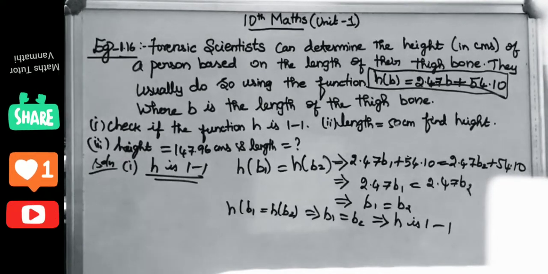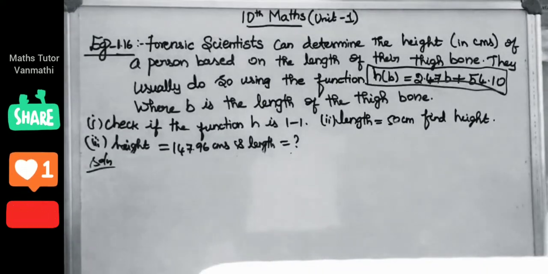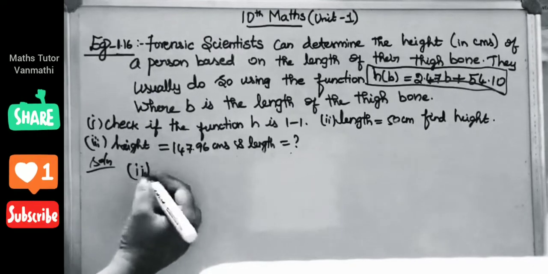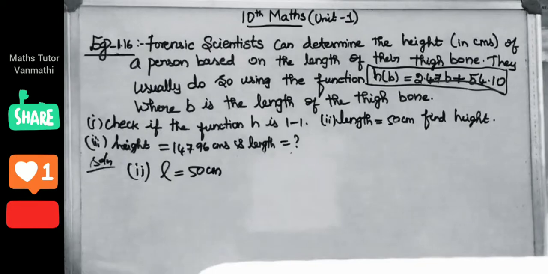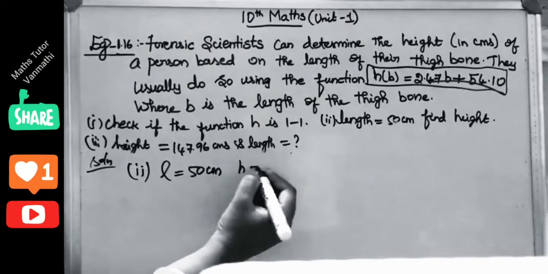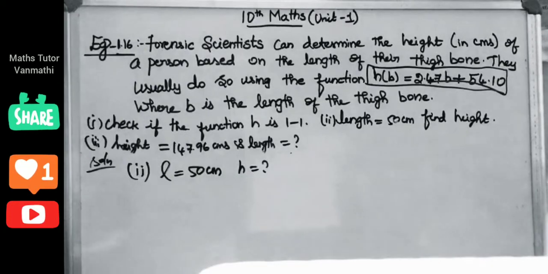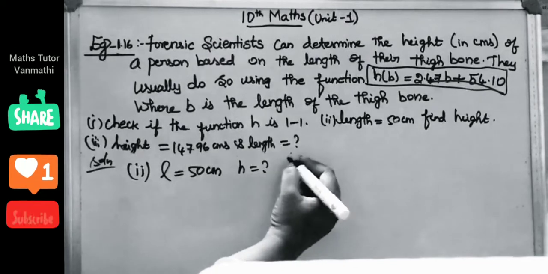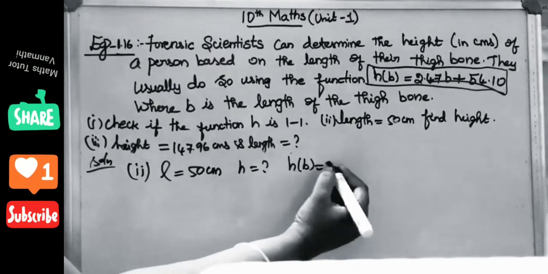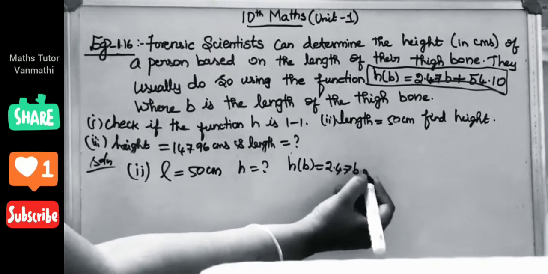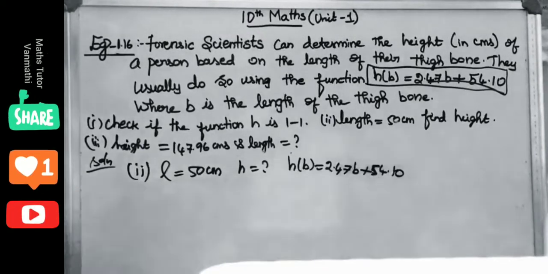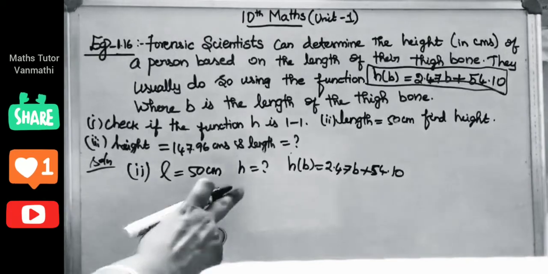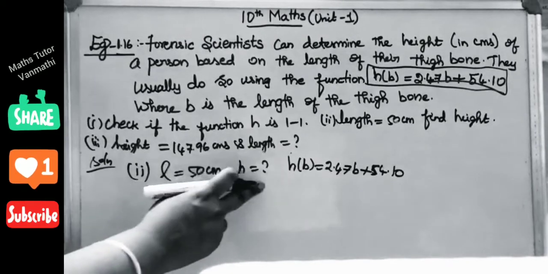Second subdivision. Here the length is given as 50 centimeters. We have to find the height. Clear? For this we are using the condition h of b is equal to 2.47b plus 54.10. Height is what we are going to find.